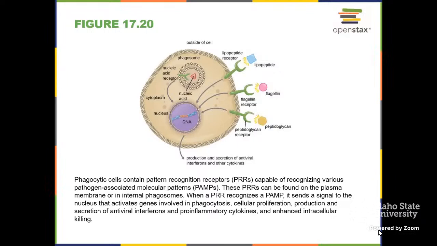The stuff they're really trying to sense, we call PAMPs, which are pathogen-associated molecular patterns. It's not the same as the MHC1, but it's the same idea. It's a specific signature of molecules that it can recognize.